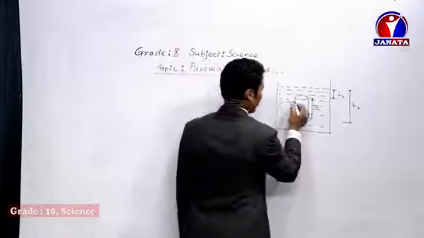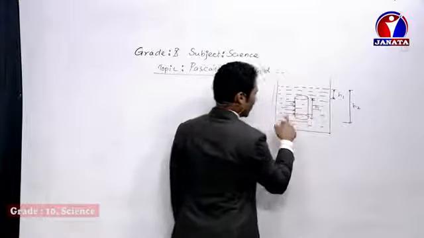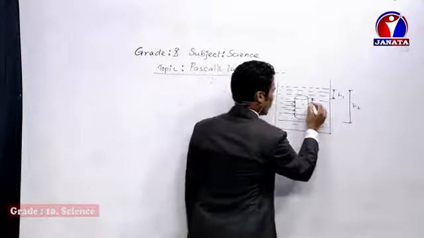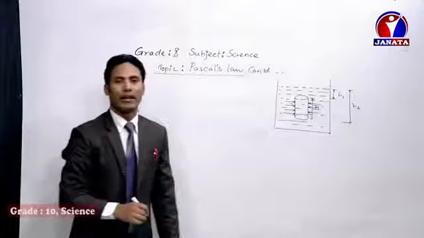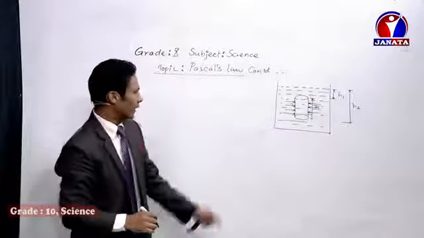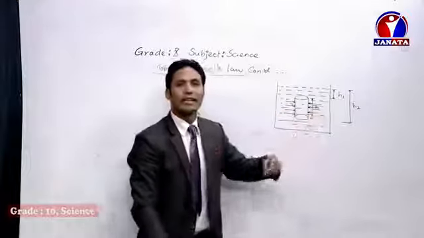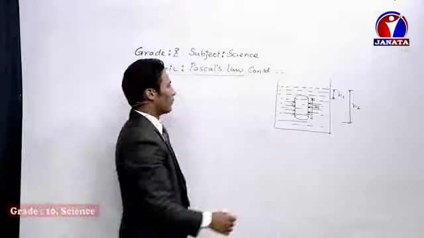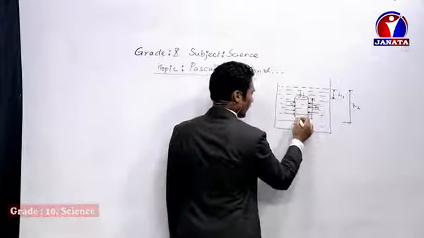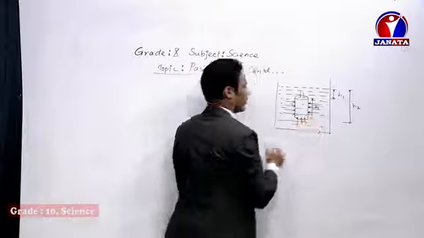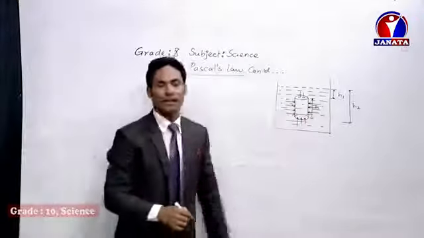Generally, the forces exerted on the side surfaces are equal and opposite, so they get balanced. But the force exerted at the top and the force exerted at the bottom are different, and the difference of this is the upthrust.